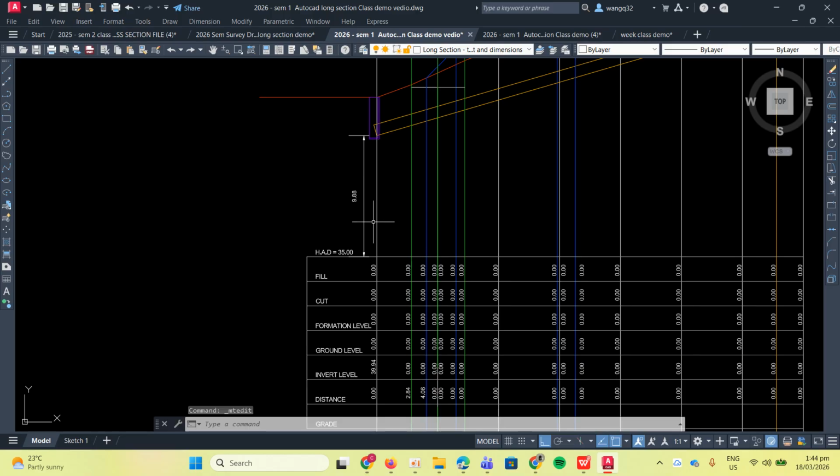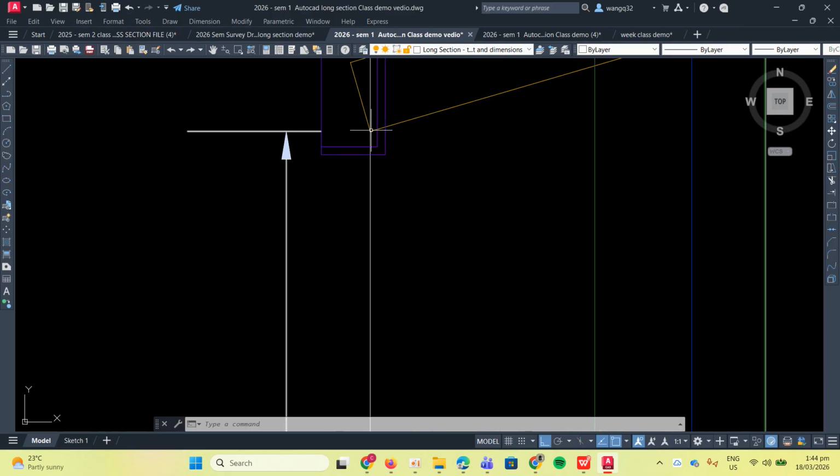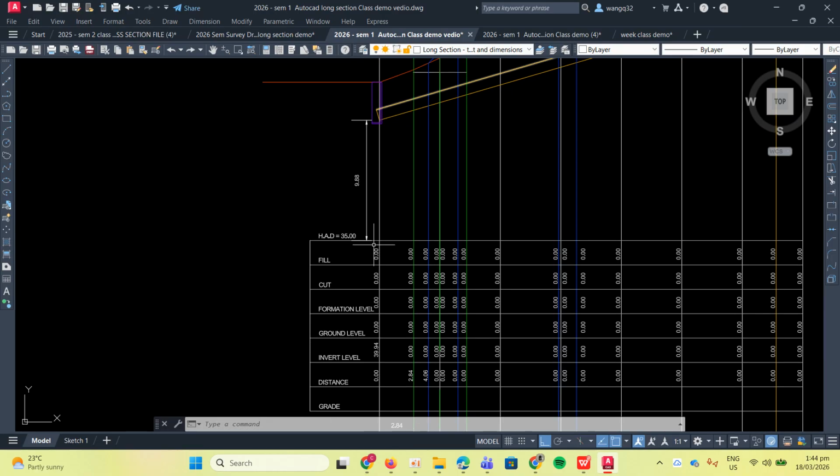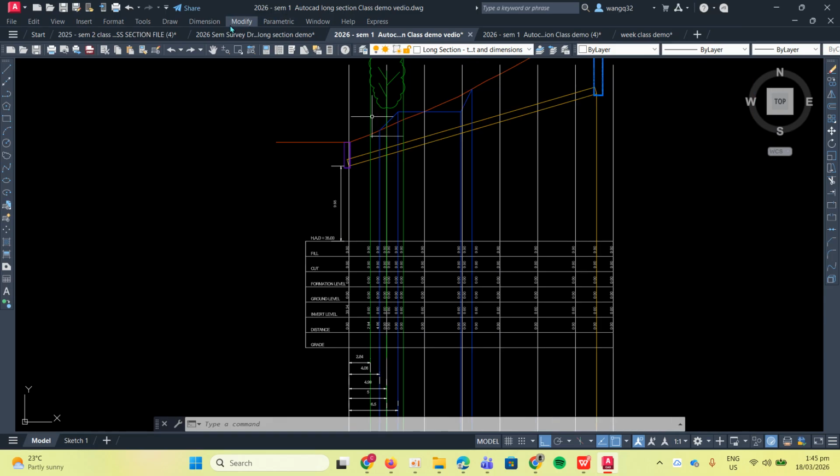So how do I get it? I do the dimension from the bottom, the inward level of my pipe, to my HAD here. It gives me 9.88, and because it's distorted scale, I need to divide that by 2, which gives me 4.94, plus 35, which gives me 39.94.